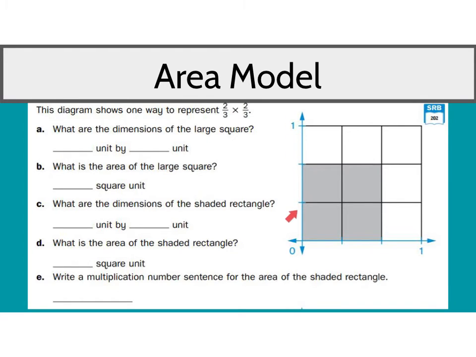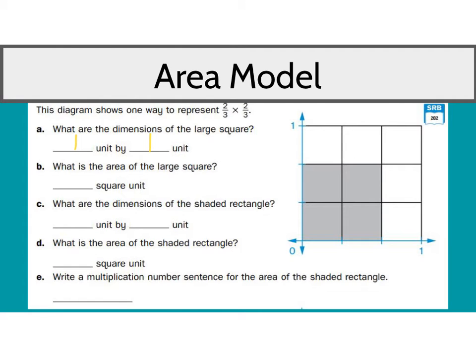The large square, of course, is this whole square. And they're asking us what the dimensions are, basically. So blank unit by blank unit. So we have 1 unit by 1 unit. So we're going to fill that in, 1 unit by 1 unit.